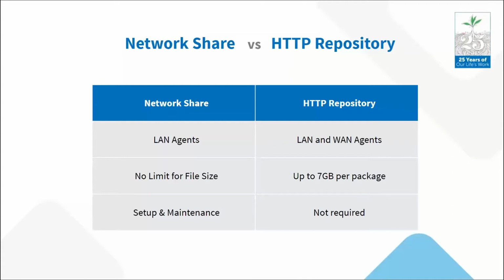But in HTTP, you have a limitation where you can store up to 7 GB per package. In case you wish to store a package greater than the file size mentioned, please contact our support for further assistance. Network share repository requires a proper setup and frequent maintenance, whereas no such maintenance is required for HTTP repository.